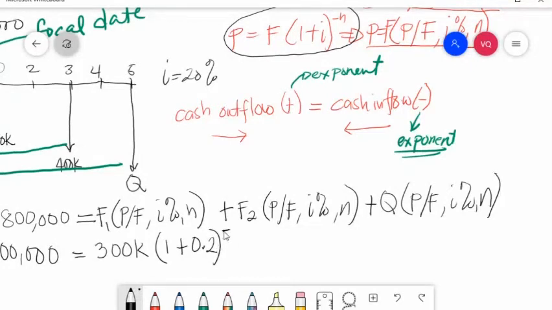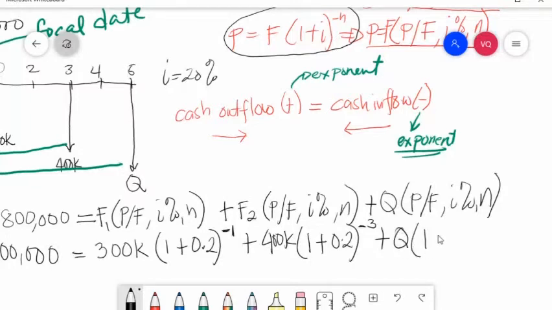Raised to negative n. Anati period tayo dito, so that is equal to negative 1. Plus F2 is 400K multiplied by 1 plus interest is 20%. Our n is raised to negative 3. Plus Q, unknown, multiplied by 1 plus 0.2 raised to 5. So we will now solve for Q.